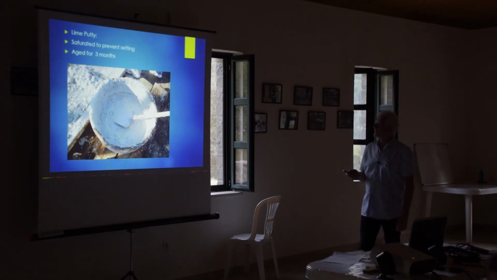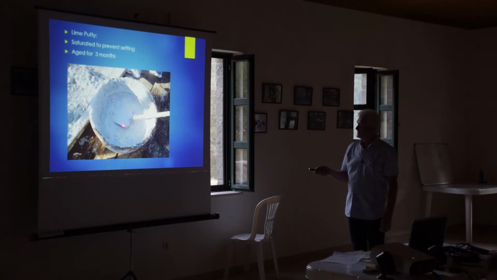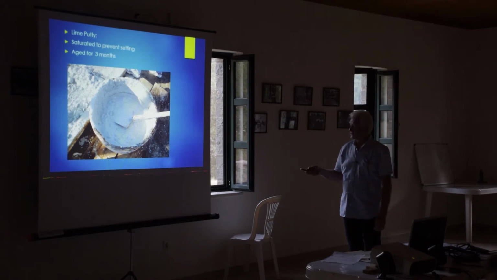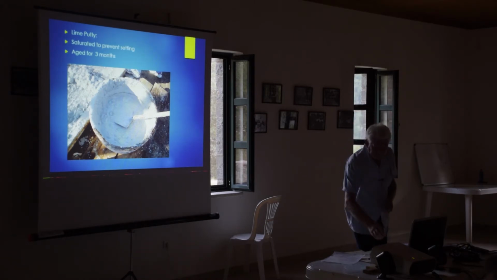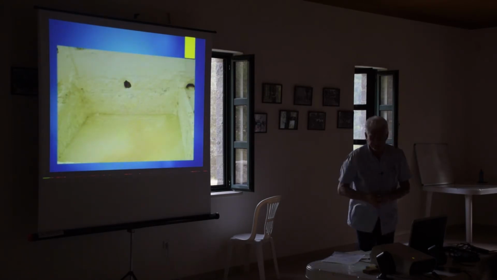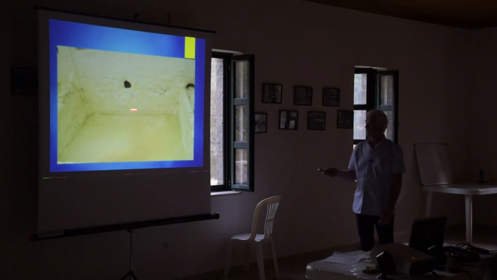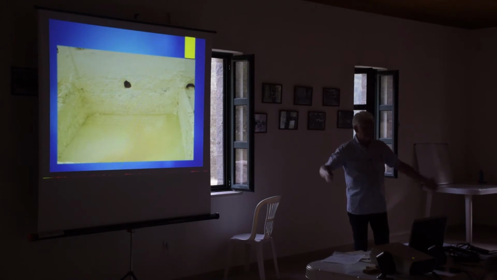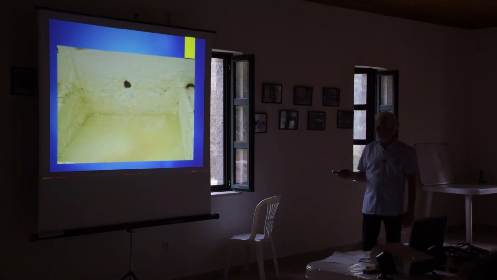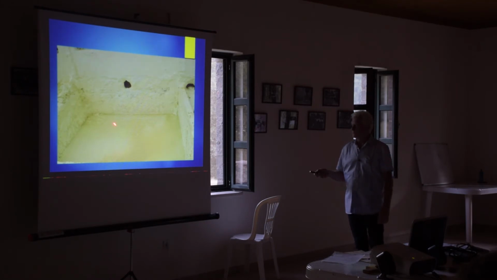The lime putty is starting to form here in the slaking process, and this is what you would get, a slaking pit. So it's a huge pit basin where the quicklime is put in.